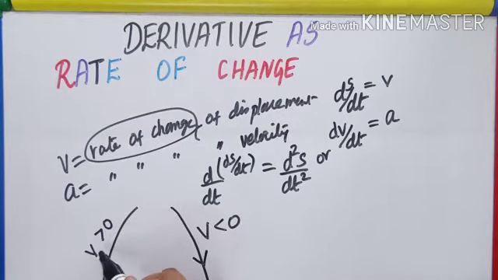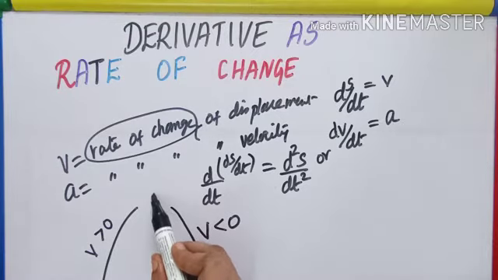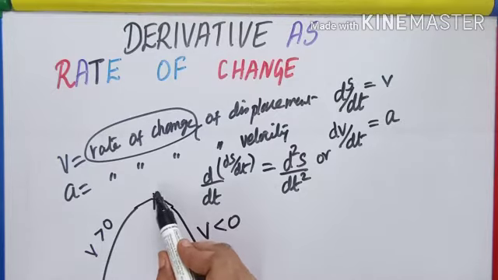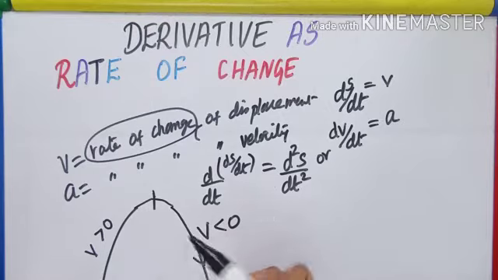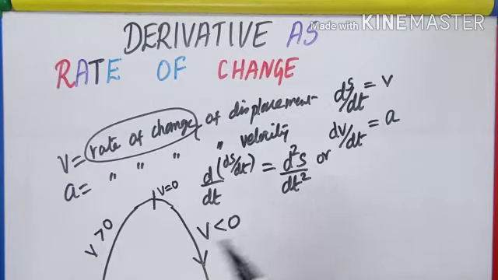Here it is positive, whereas here it is negative. In that case, at a particular point where it is changing direction, it is called the particle changes direction, and in most cases we put velocity 0 because it is changing from plus symbol to minus symbol.